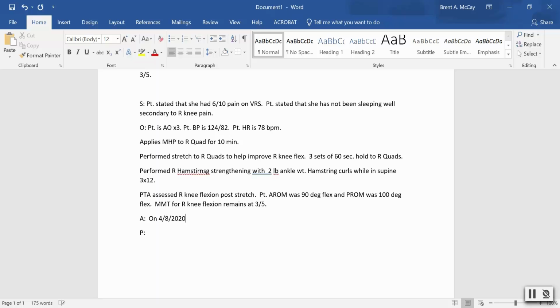I'm not typing well. 4/8/2020, patient active range of motion is 110 degrees, and passive range of motion is 115 degrees of flexion in right knee.